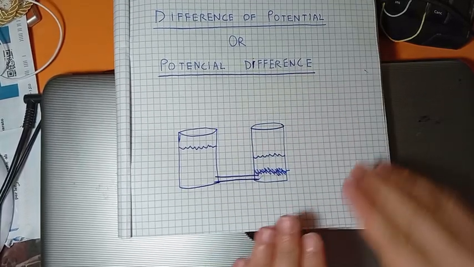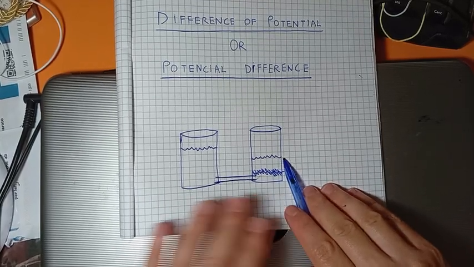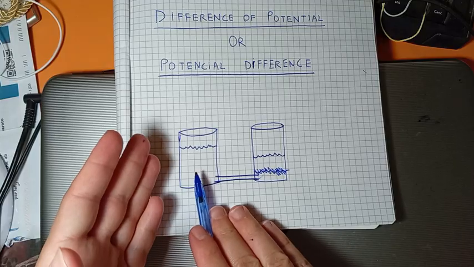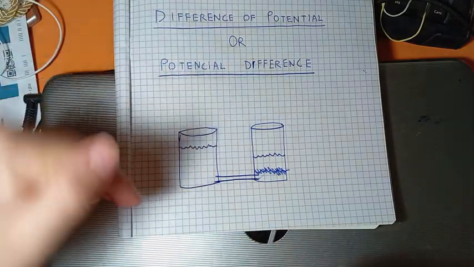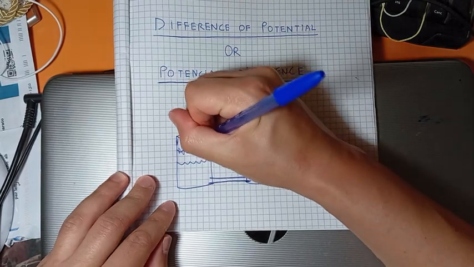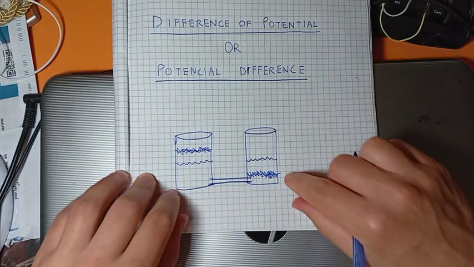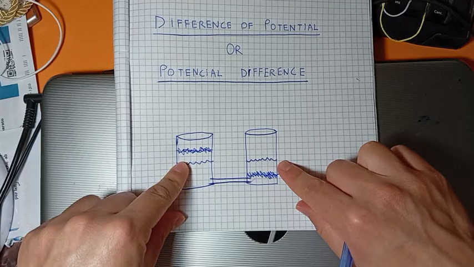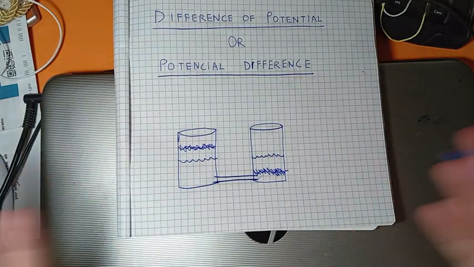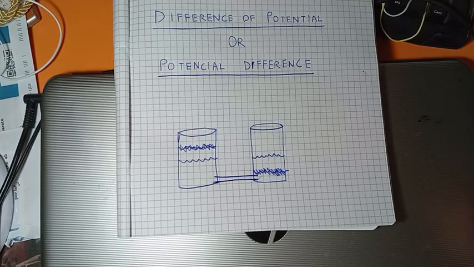So the water level will rise up till this level, and here, since some water goes there, the water level will go down till this level. And when they reach the same water level, water will stop flowing. Okay, this is clear enough.